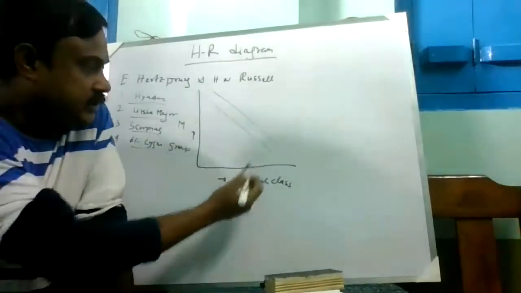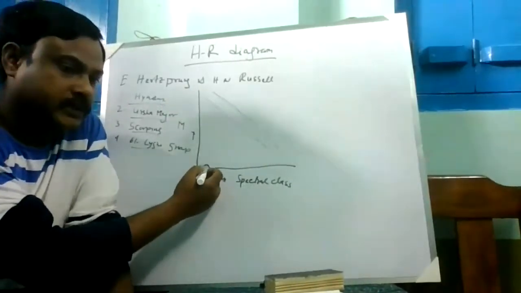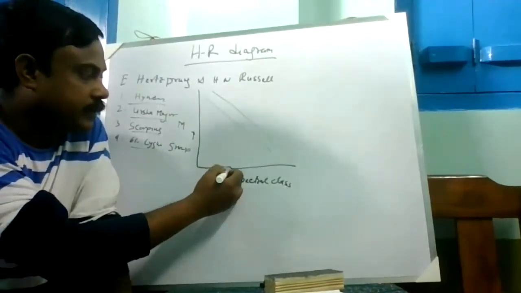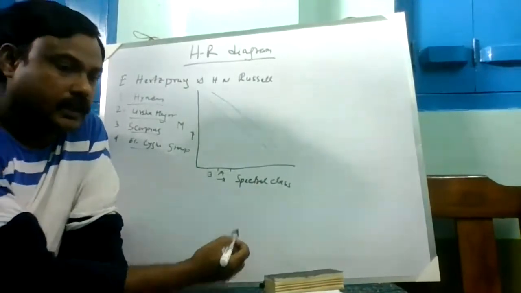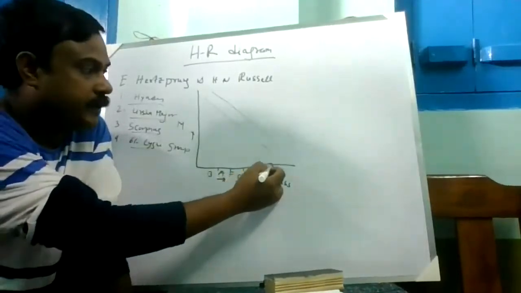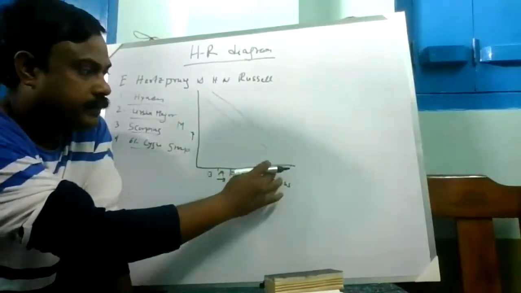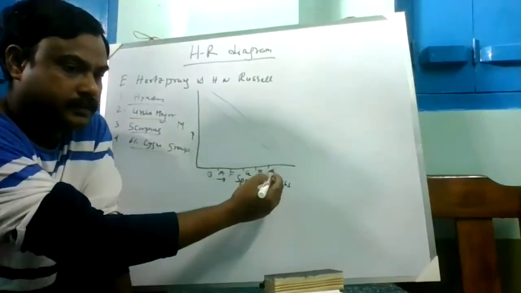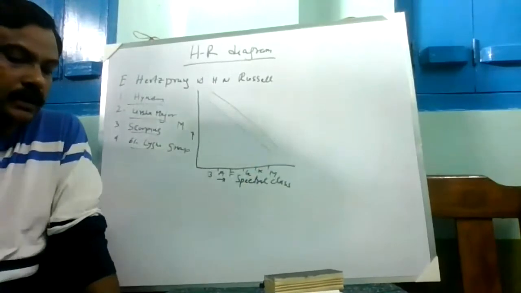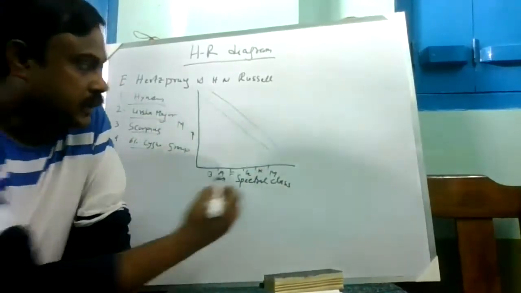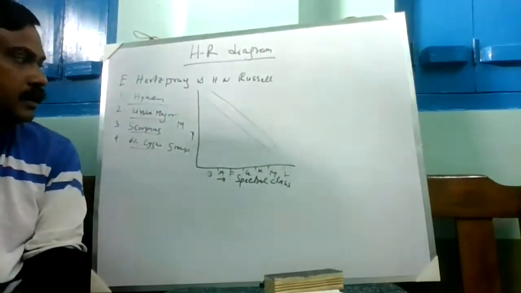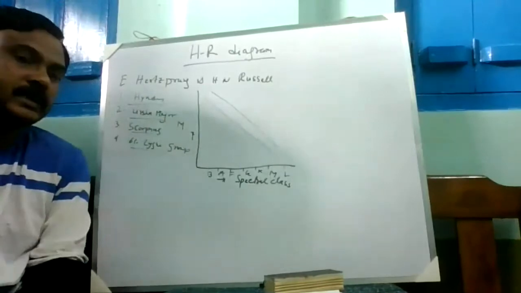Here on the x-axis is spectral class: first it is B, then A, then F, G, K, M. And on this scale, this is the absolute magnitude.